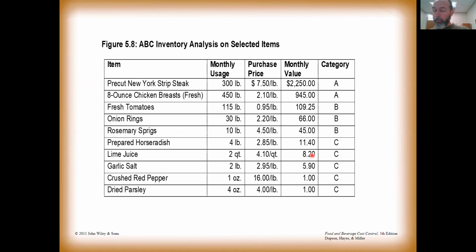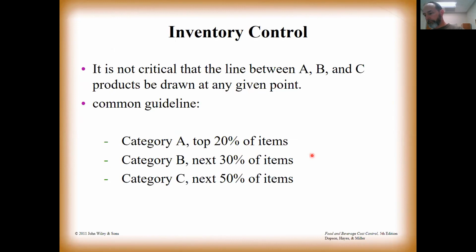But what if the values were much closer together? What if it was the difference between $5.90 and $8.20 or $66 and $109? It might be harder to tell where the break is, but the point here is that the value is variable. It's the categories that make most sense for your facility. So again, it's just a guideline.